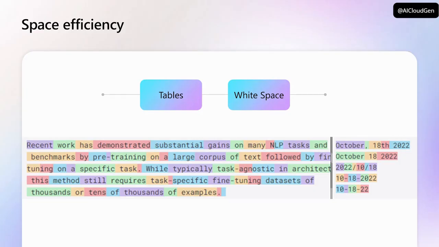Space efficiency is another aspect that you have to consider when you are writing prompts. You may be wondering why I should be considering space efficiency. Normally when you write prompts, large language models like the GPT models chunk the words into what we call tokens.